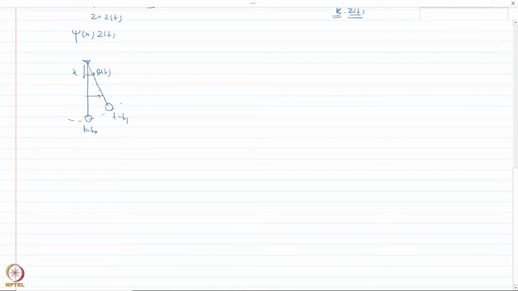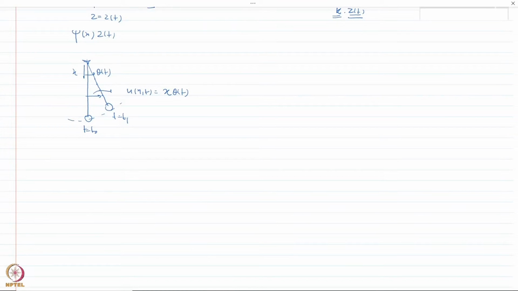Let us say this is u of x t, the overall displacement, which would be equal to x times theta t.